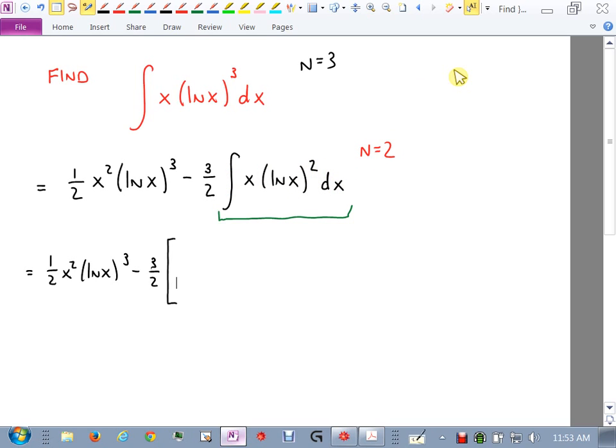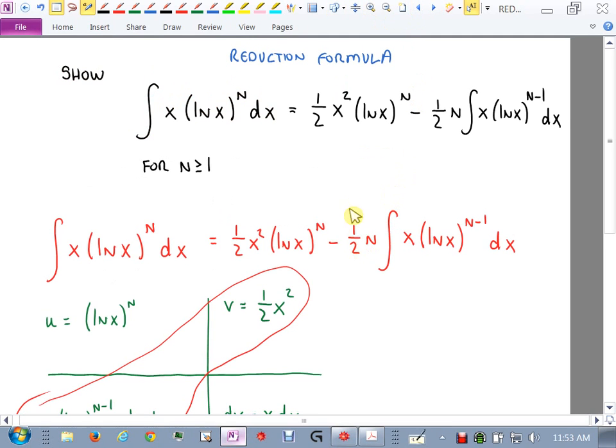So that should be, according to the reduction formula, what? 1/2 x squared natural log x to the second, because n is 2, minus half of 2, which will be 1, so I'm going to leave it 1.